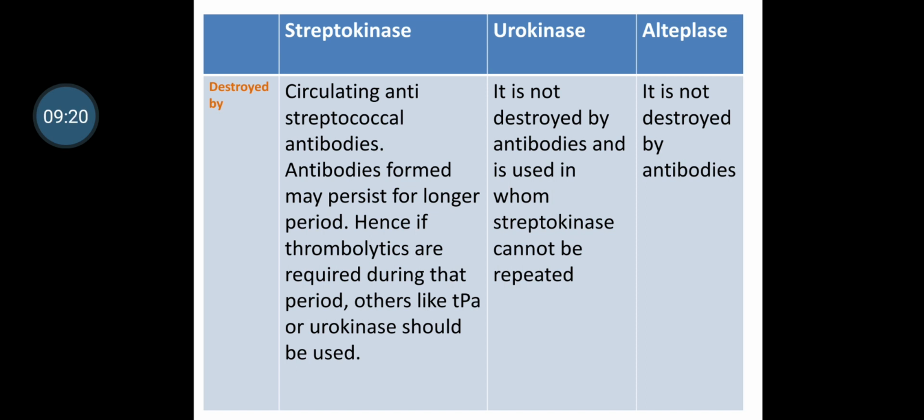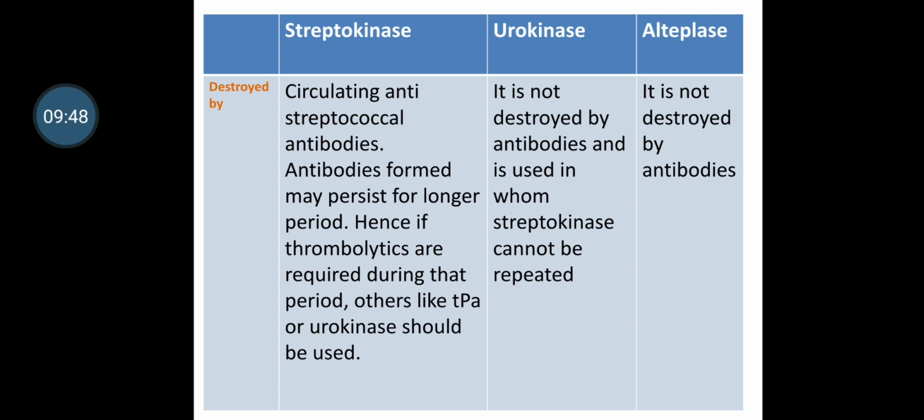So there will be formation of antibodies, and these antibodies formed may persist for a longer period.